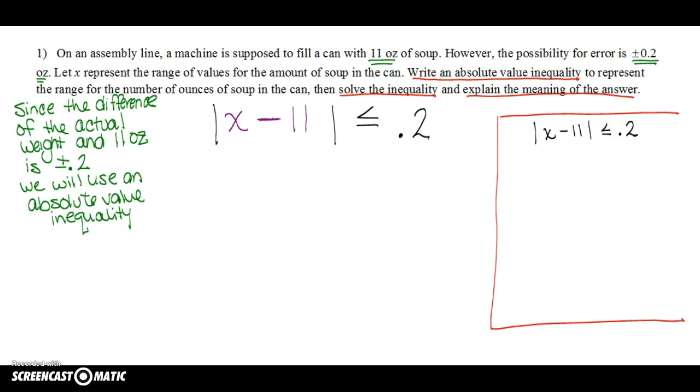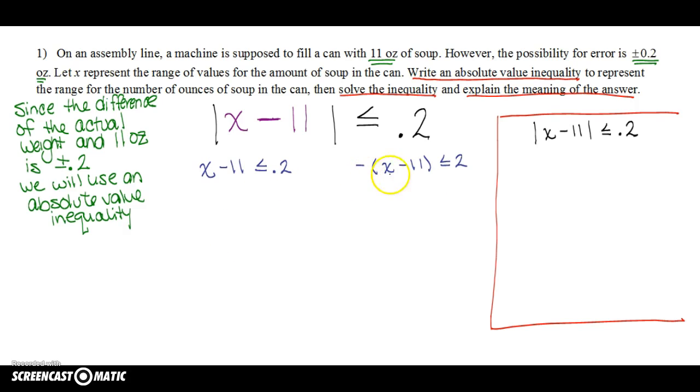To solve, this is a review from our bell ringer. We will write our two complete sentences. X minus 11 is less than or equal to 0.2.